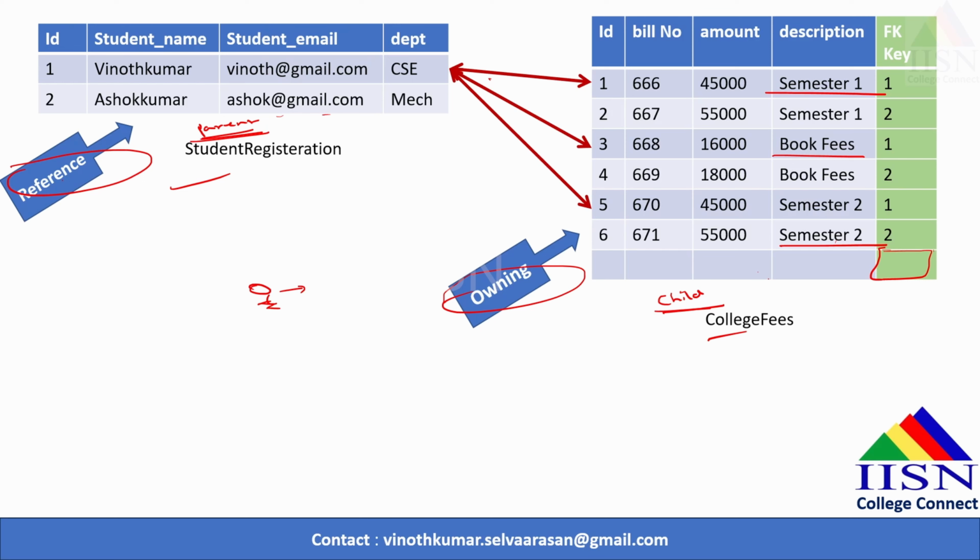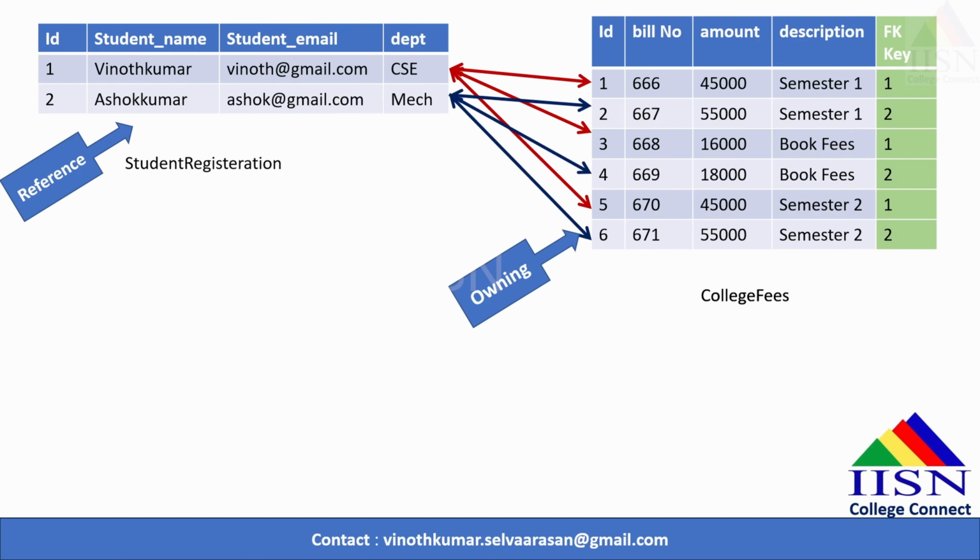As I already told, the table which holds the foreign key is called the owning table, and the table which the foreign key refers to is called the reference table. Likewise, another instance in the student registration table has a relation to the college fees like this.